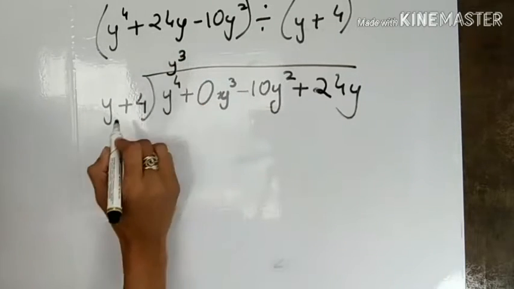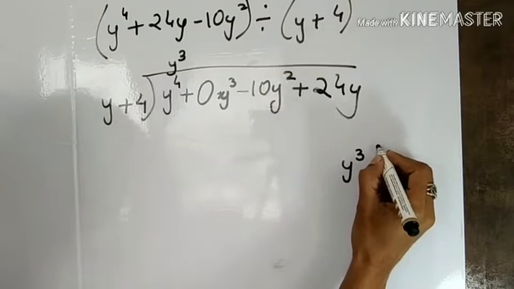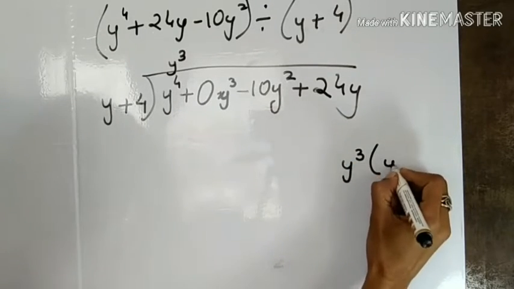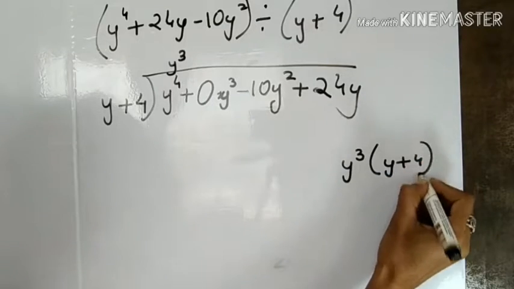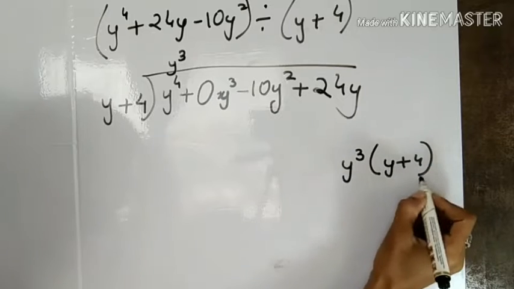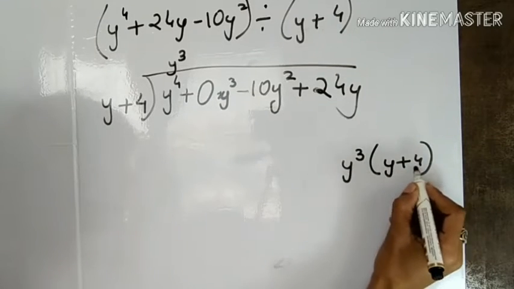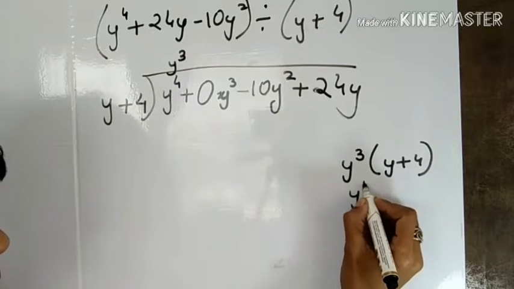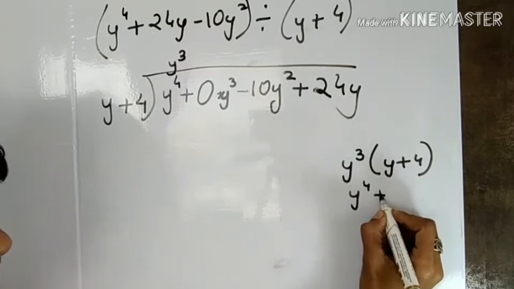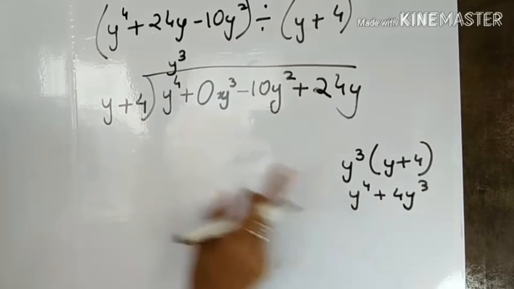The explanation for this is, you are multiplying y cube with y plus 4. Now we've already seen that when we have brackets and a term inside, you have to multiply y cube with each and every term. So this gives me y raised to 4 plus 4y cube. And that is what I'm going to write here.